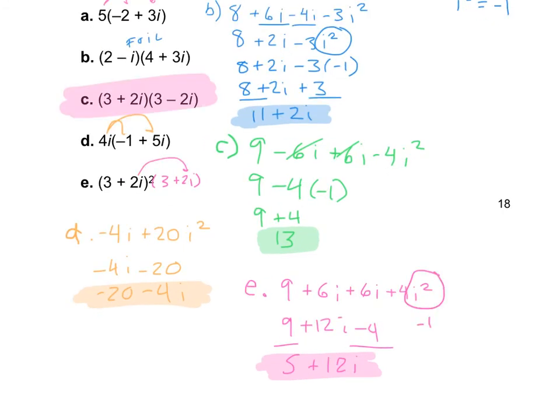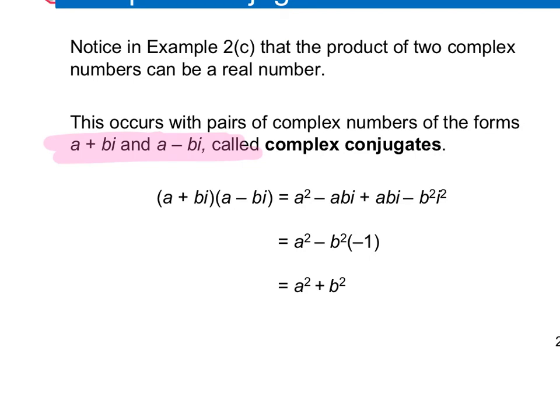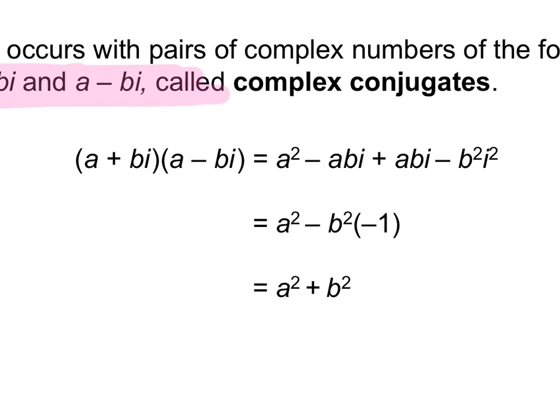We see that part C is complex conjugates, and that's why we ended up with a whole number for C. So when we multiply our complex number by its conjugate, we end up with a whole number. Here we see that we multiply the two numbers by its conjugate.